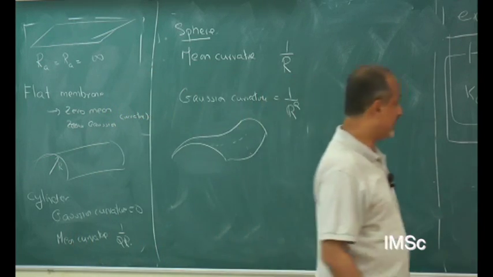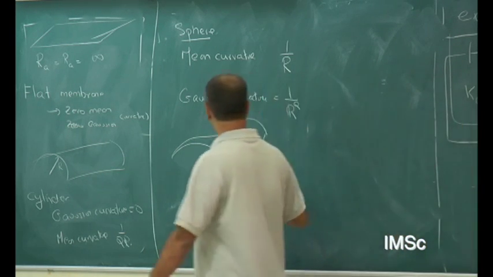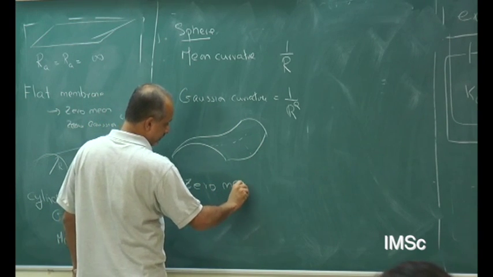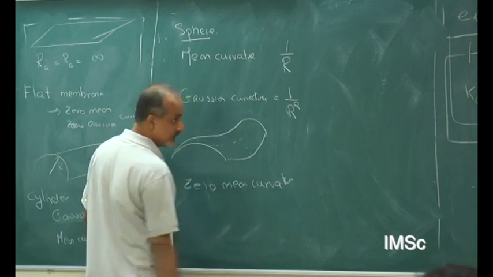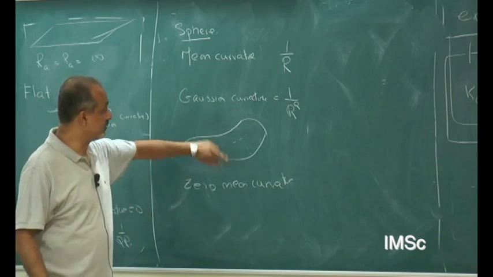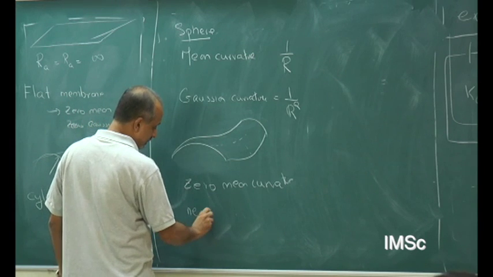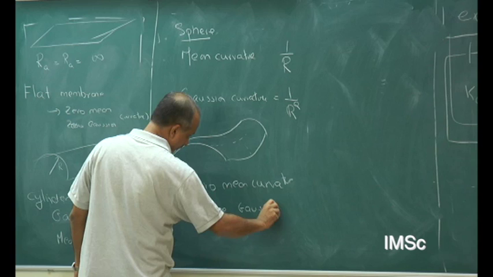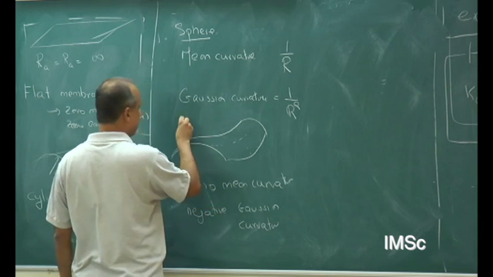So these two quantities are equal and opposite in sign. So this has zero mean curvature because both have opposite signs if these two radii are the same, whereas this has a negative Gaussian curvature. And this is called a saddle.